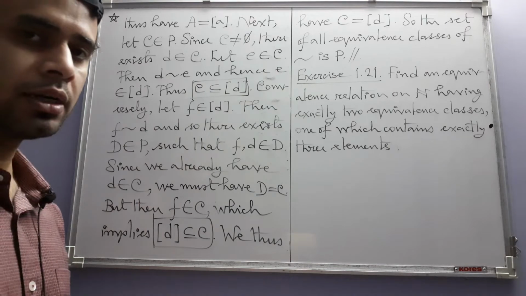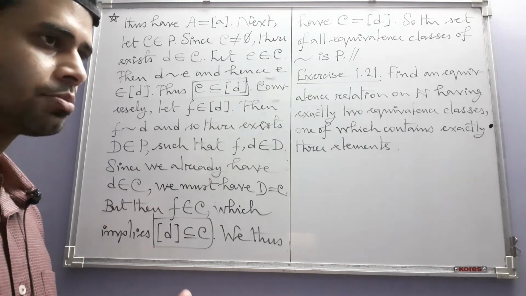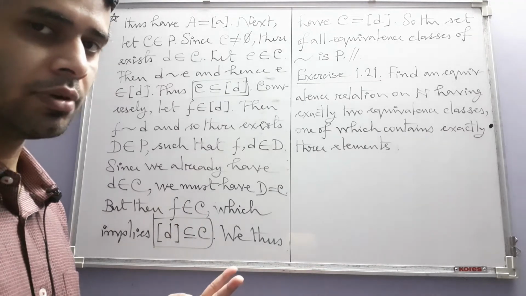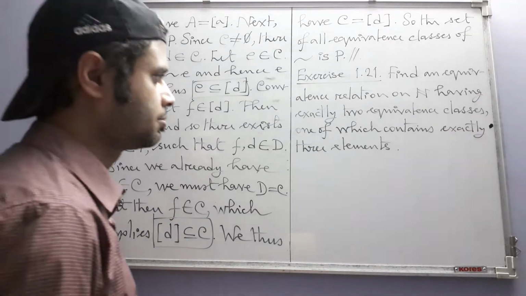So some equivalence relation we have to define, corresponding to which there are only 2 equivalence classes and one of those classes has exactly 3 elements.